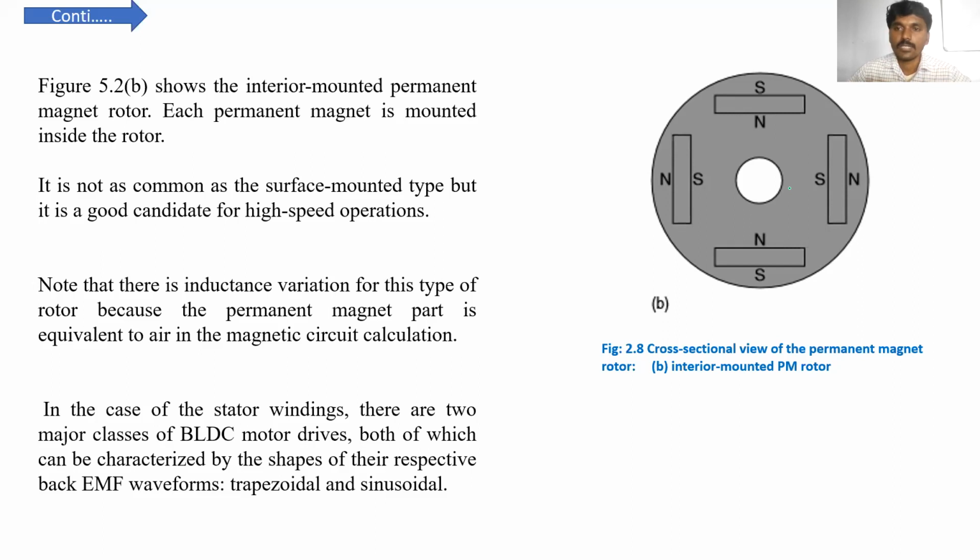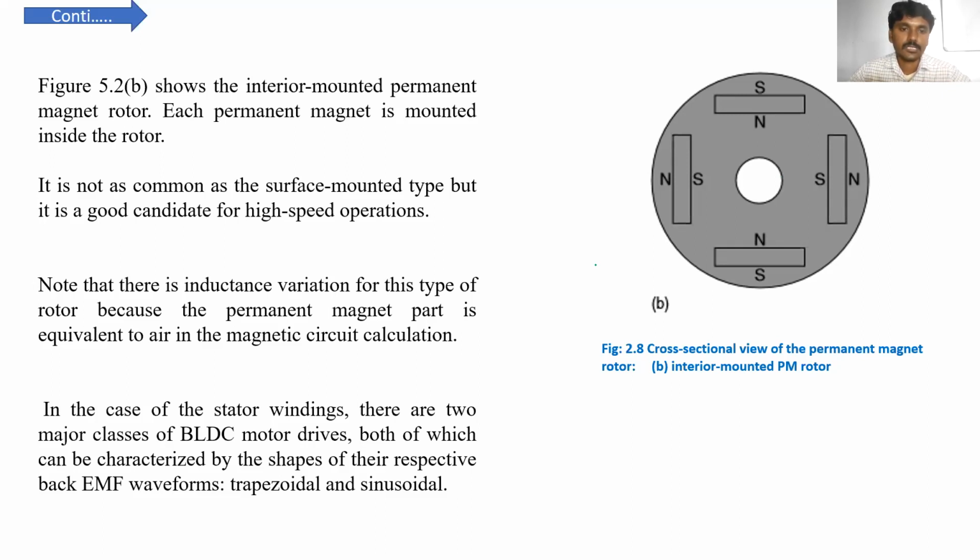There is no chance to fly the permanent magnets, even at high speed. Clear? That is one of the main advantages of the interior mounted brushless DC motor.